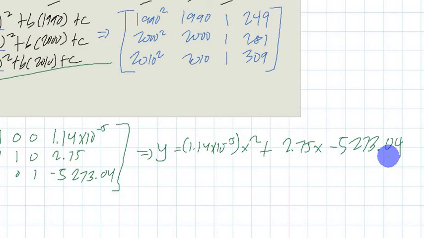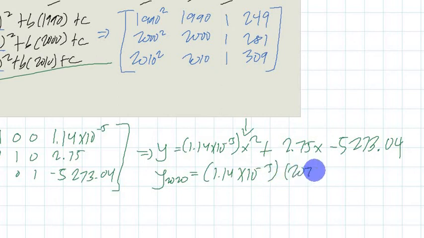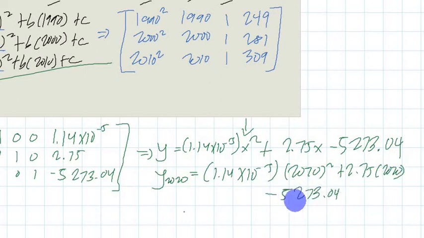So if we're going to use this model to predict the population of 2020, there you go, we shall insert 2020 in our x. So we'll have 1.14 times 10 raised to negative 5 times 2020 squared plus 2.75 times 2020 minus 5,273.04.